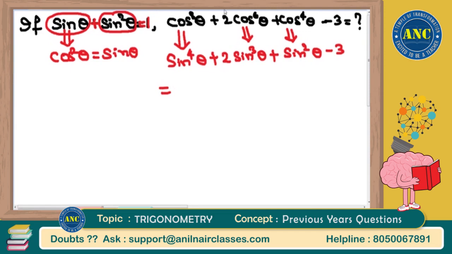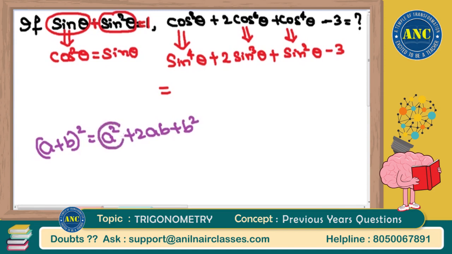Now a plus b whole square is a square plus 2ab plus b square. That means the first term should be a perfect square, the last term should be a perfect square, and the middle value is 2ab. Sin theta whole power 4 is a perfect square.